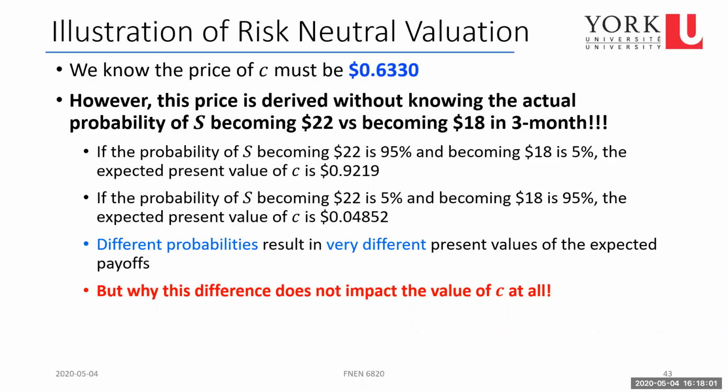So there's a huge difference in the expected value depending on which distribution is the distribution in the real world. But in our calculation, there's no mention of the probability of something materializing in the real world. So why does this difference not impact the value of C at all? This is a little strange, right?